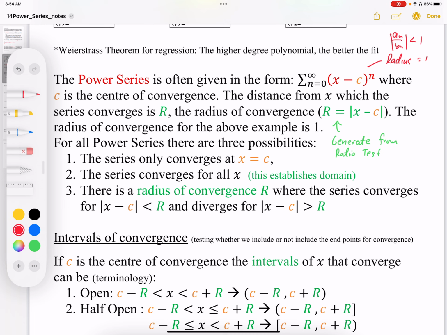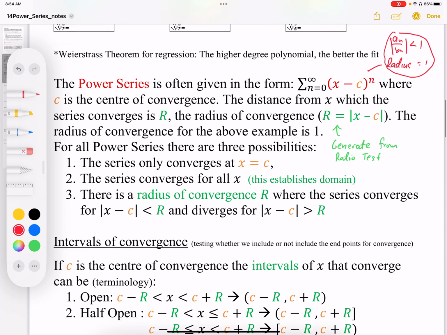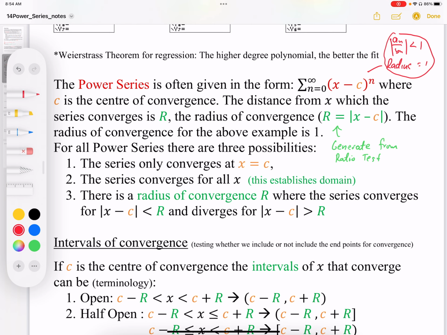So this is how we determine the radius. Now the radius can change once we start introducing the a_n terms to these power series, but this is essentially how it works. So we have a center, we have a radius, and that radius we generate from the ratio test.